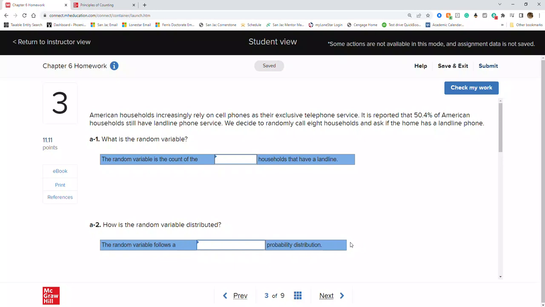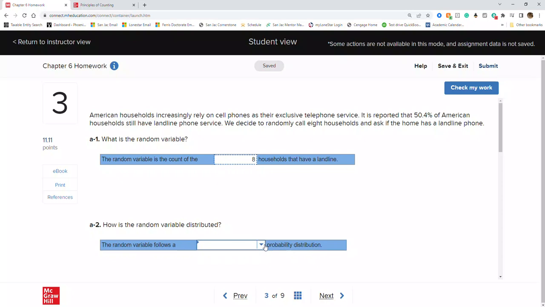So we know, again, usually it's binomial because it's either going to be a yes or no on the landline. But we're going to have 8 households because that's basically the count.